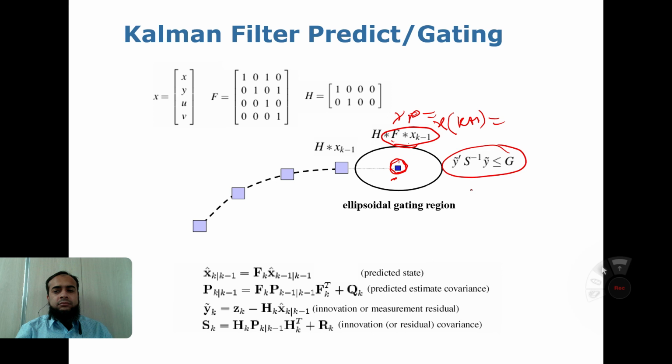For example, this is the innovation, same thing: z minus z mean, inverse, transpose, z minus z mean is less than gamma. So this is the validation area or threshold, and this is the gamma filter. By selecting this measurement in the validation gate, we apply the filter propagation, and then we apply the update equation. This is a prediction step.